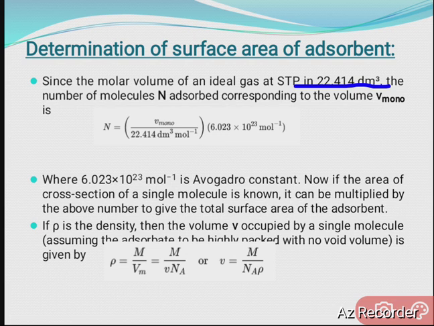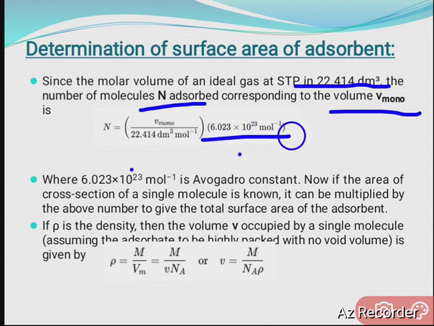The number of molecules N adsorbed corresponds to the volume V mono, meaning formation of the monolayer. N is the number of gas molecules adsorbed, and N is given by V mono divided by 22.414 into 6.023 into 10 to the power of 23. This value is the Avogadro number.